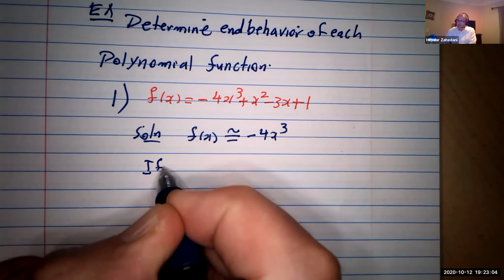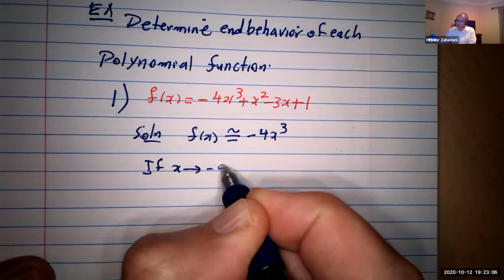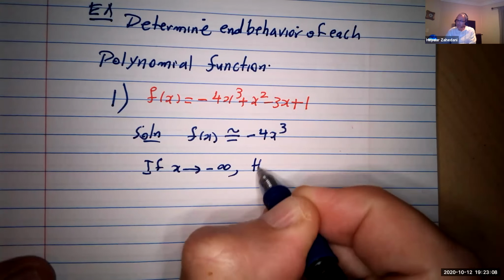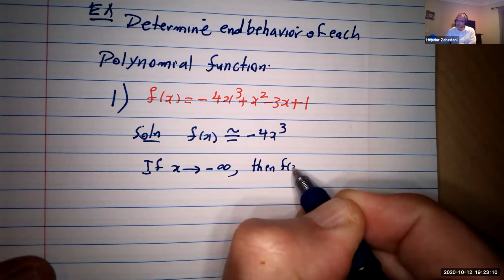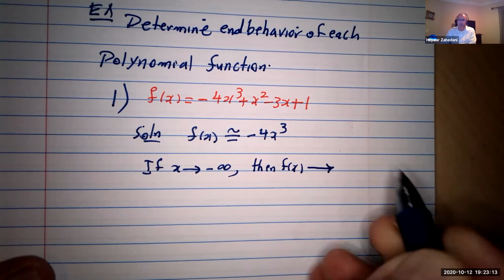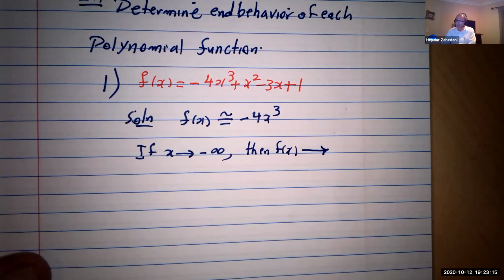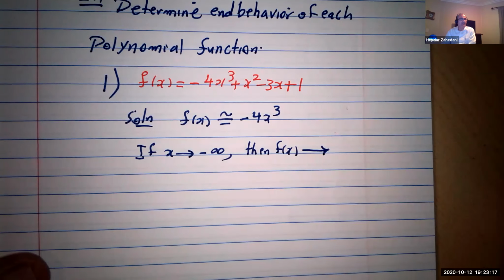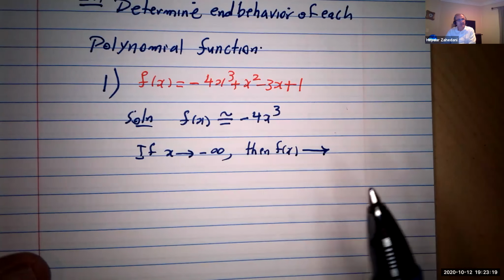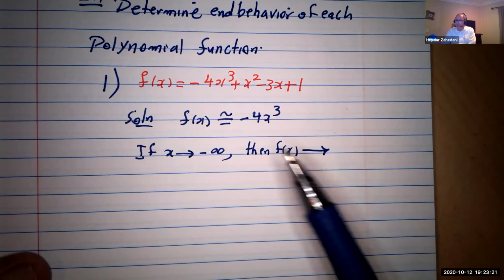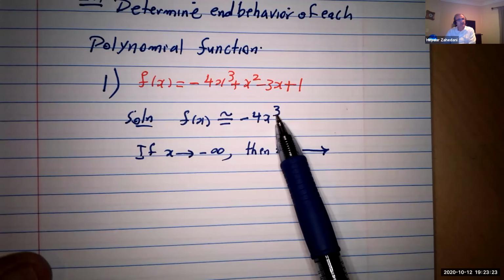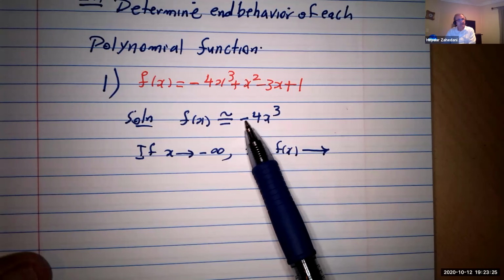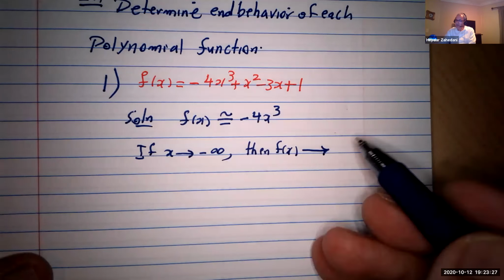So if x goes to negative infinity, then f of x goes to, you have to determine, is it positive infinity or negative infinity? The result is infinity, but which one is it, positive or negative? You see, negative to the third would be negative, but there is a negative outside, making it positive infinity.